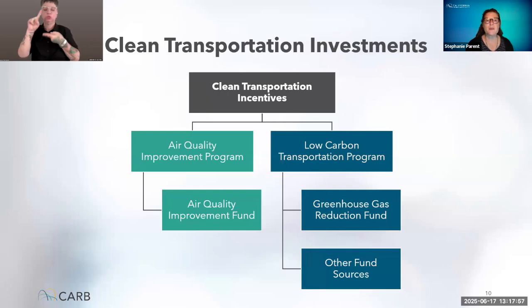This program has also received funding from the General Fund and other one-time funding sources, and together, these investments support CARB's advanced technology, clean transportation incentive projects that reduce greenhouse gas emissions in priority populations. Next, I'll go over our cumulative funding and this year's proposed appropriations in a little bit.